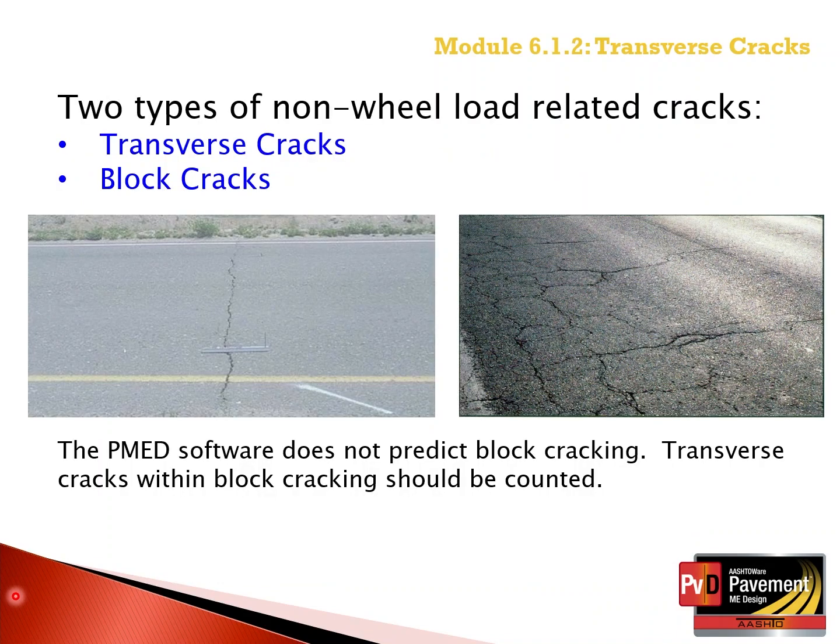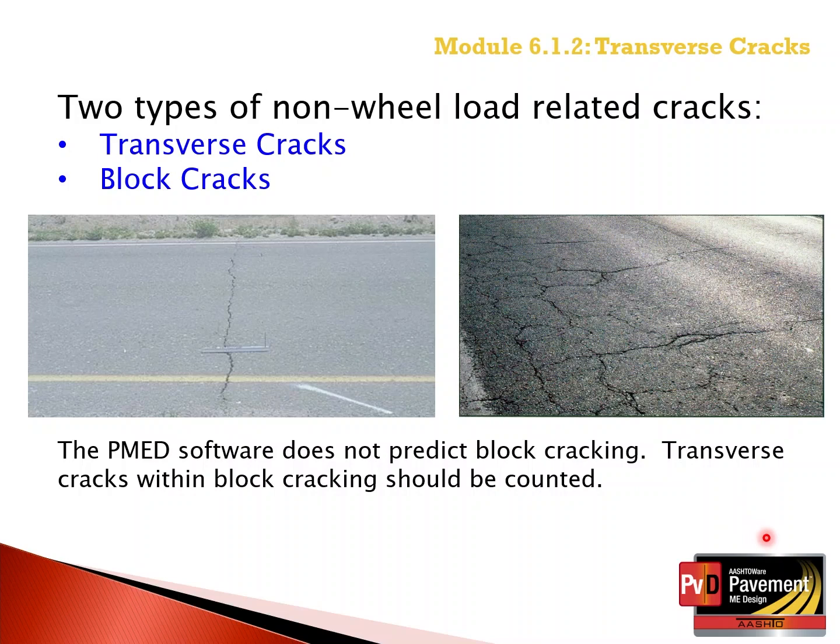There are 2 types of non-wheel load-related transverse cracks, which are defined as transverse cracks and block cracks. Block cracking is a continuation of transverse cracks, but at a closer spacing combined with longitudinal cracks, as illustrated in the photograph on the right of the slide.